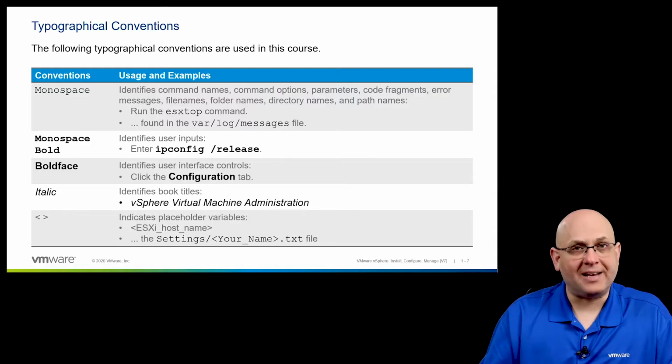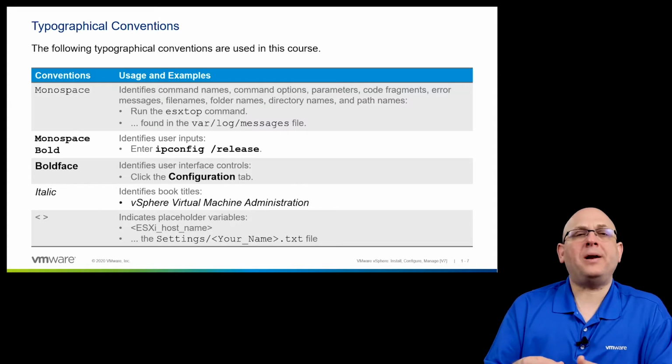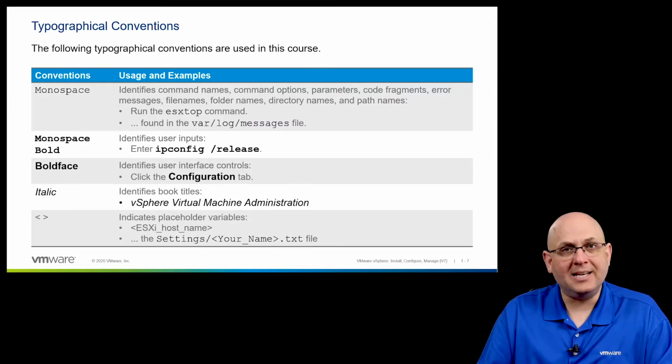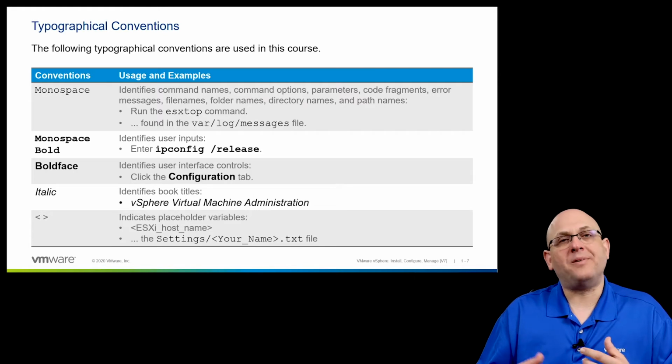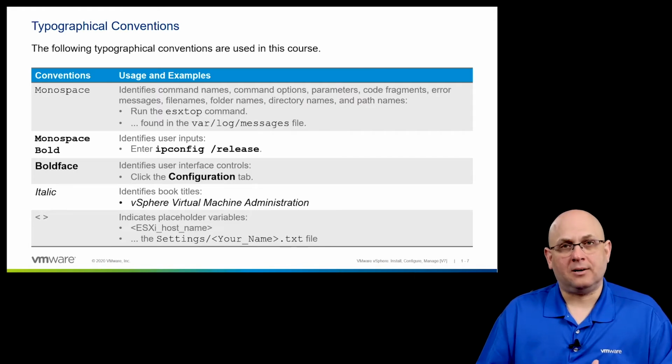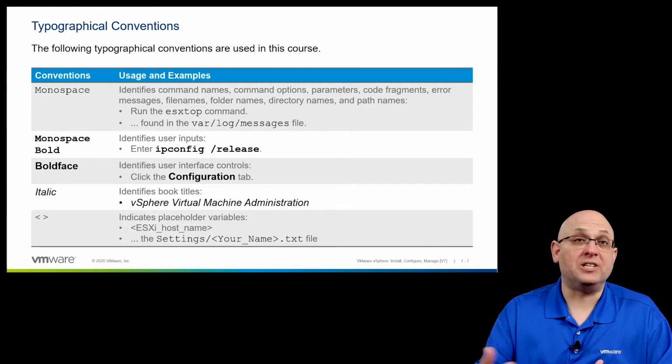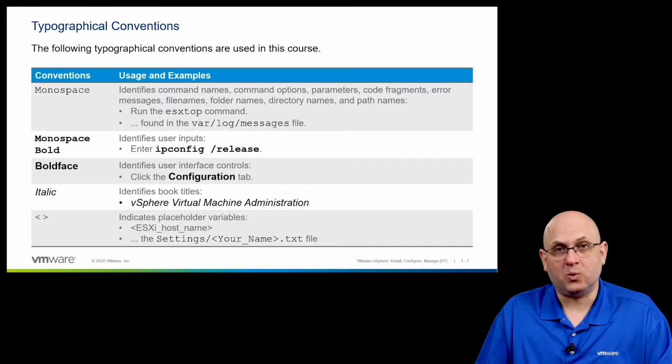Now, as you're dealing with the lab manual in particular, there are a few typographical conventions that you should be aware of, and anybody that's really read technical documentation should be aware of some of these particular conventions that we are invoking here as well.